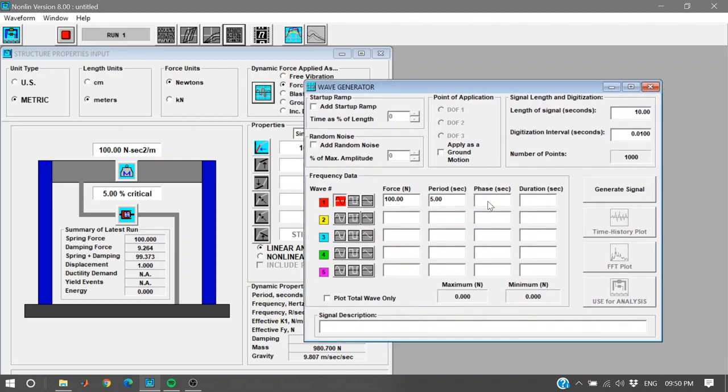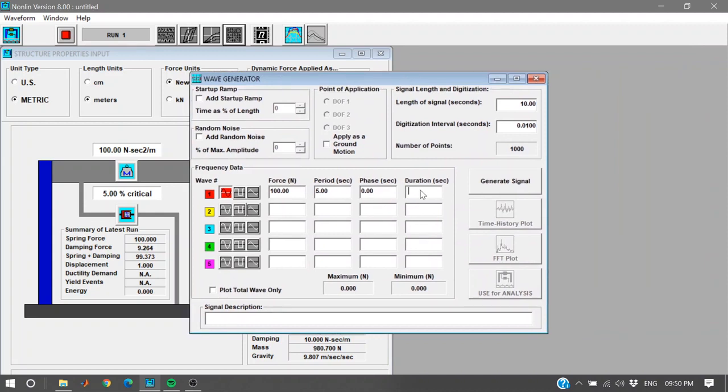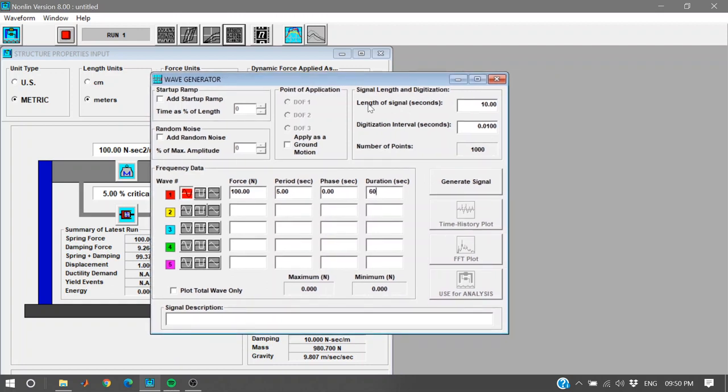Phase, we'll put it as 0, and duration, so again natural period was 6, so let us consider this to be 60. So up to 60 seconds my forcing function will be there. Now length of signal is 10 seconds.